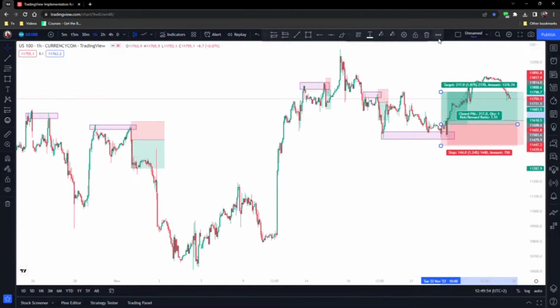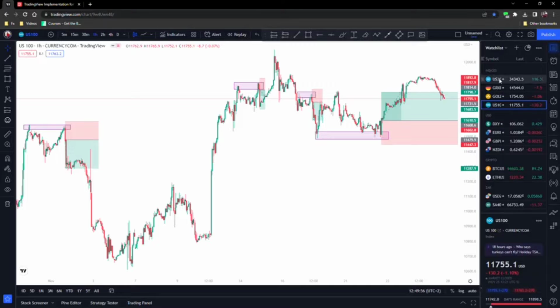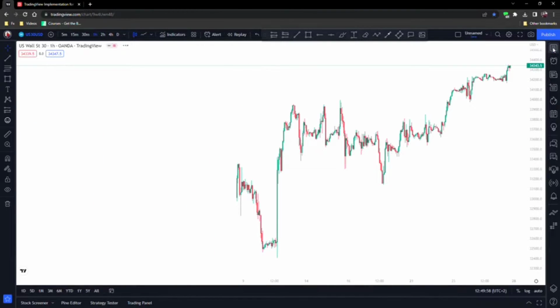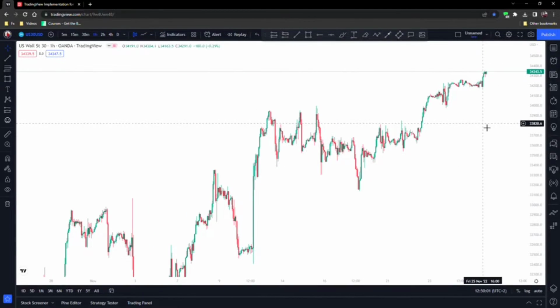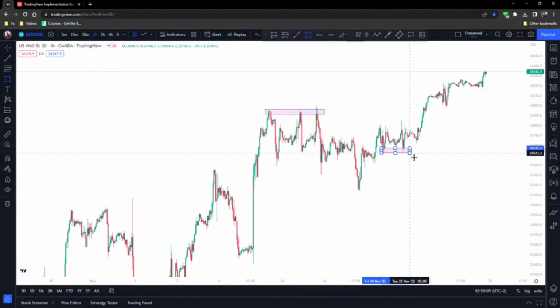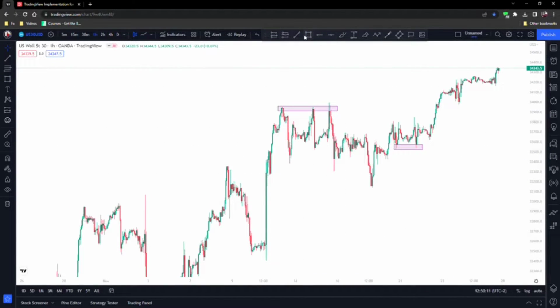Let's remove one of those. But if you go again to look at US30, where we can apply the same strategy, you can see that we did have a high right there, a low right here, and again another high right there.